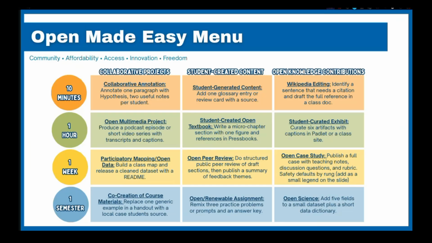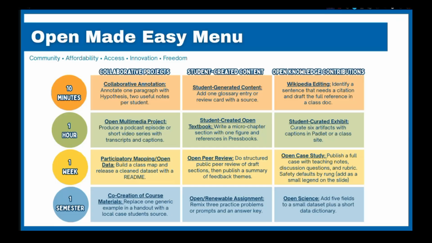So remember, disposable assignments vanish after grading. Renewable assignments create or improve a resource for others to use. So renewable can look like student-written case studies or glossary terms added to an OER, a local data appendix or policy brief collection, H5P created self-checks or worked solutions, explainer videos, audio messages.